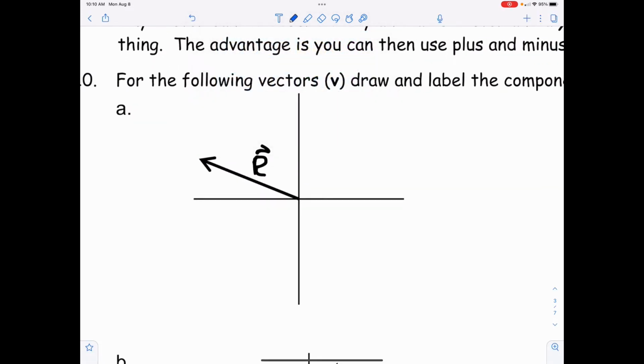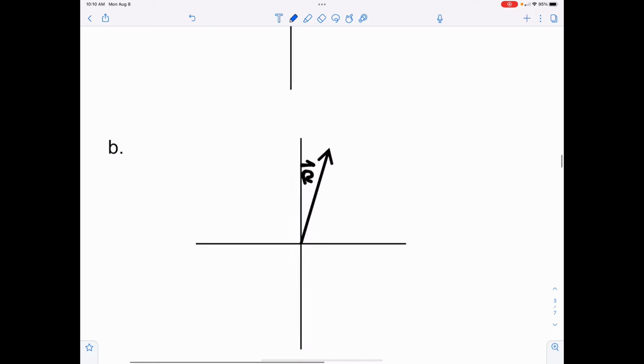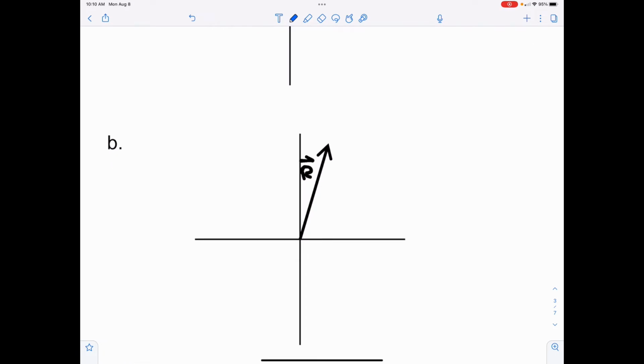In letter A, we would draw vector components, and typically it helps to draw them with a dashed line. This would be negative r in the x direction and positive r in the y direction. Letter B, if r is pointing up and to the right, we have positive r in the x direction, and we also have positive r in the y direction.